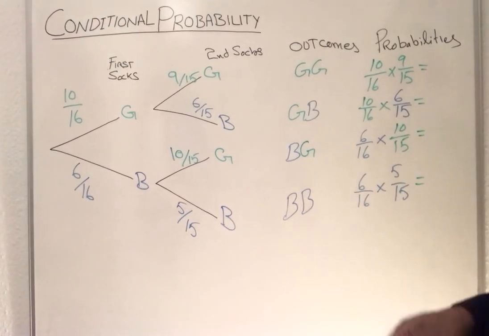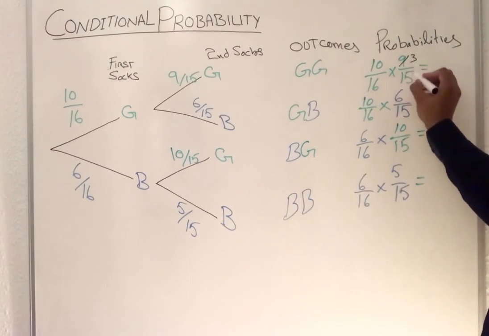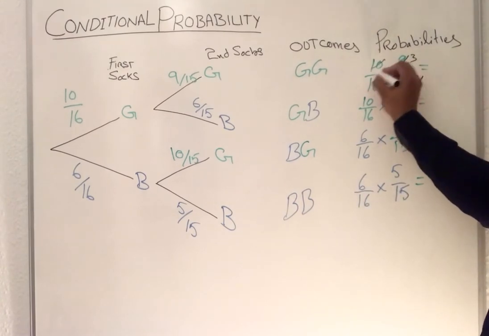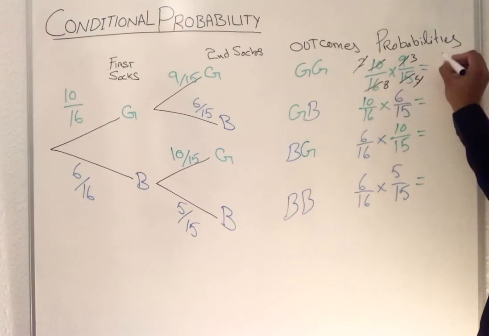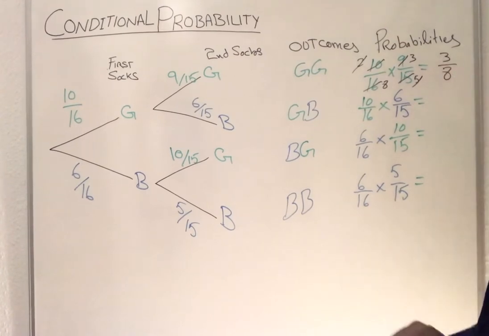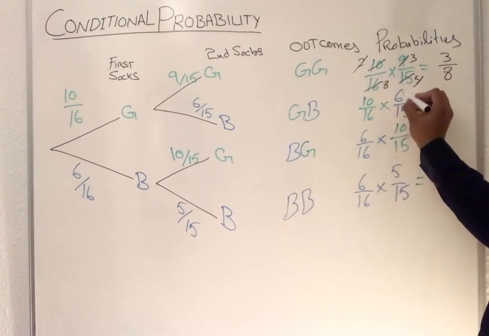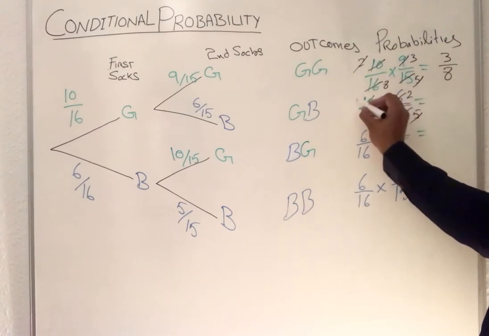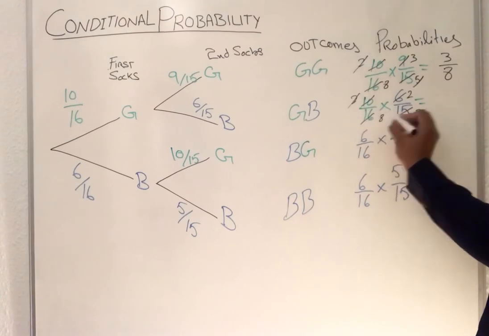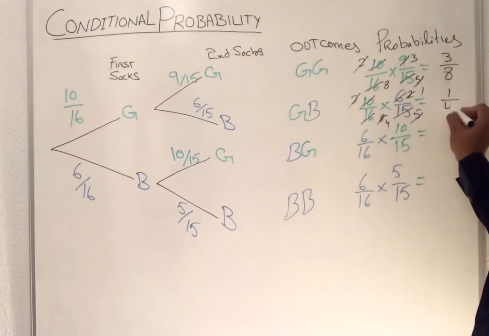So now you can see in here, that becomes 9 times 3 and 5, 5 times 2, 2 times 8. So we become 3 out of 8. In here, 3 times 2, 3 times 5, 5 times 2, 2 times 8, and 2 times 1 and 4. So 1 out of 4.